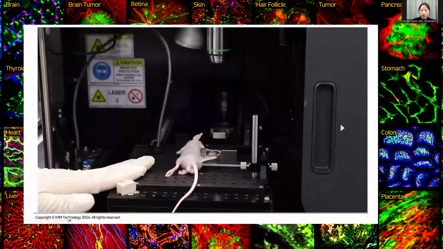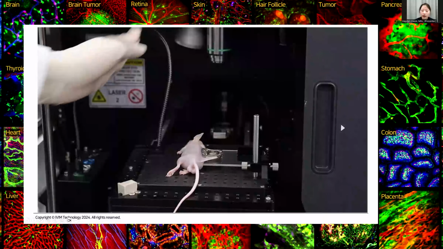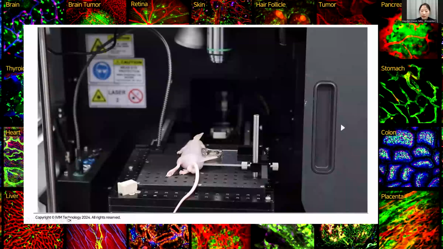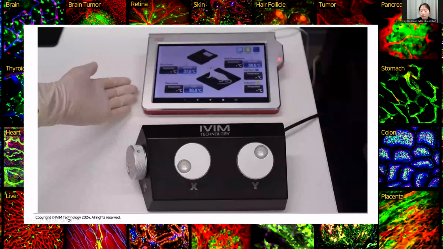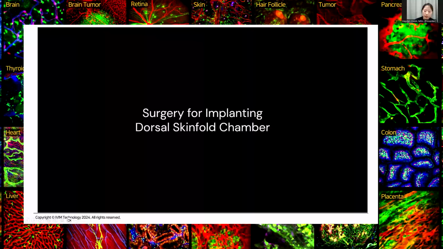In this imaging room, there is a mouse model with a dorsal skin fold chamber to be used for imaging. And there is a turret equipped with 5 different optic lenses on the ceiling and also 5 ports to connect the mounting stage, glass holder, and rectal probe to maintain the body temperature stable during imaging with this maintenance system. And using the jog dial, we can move the stage.